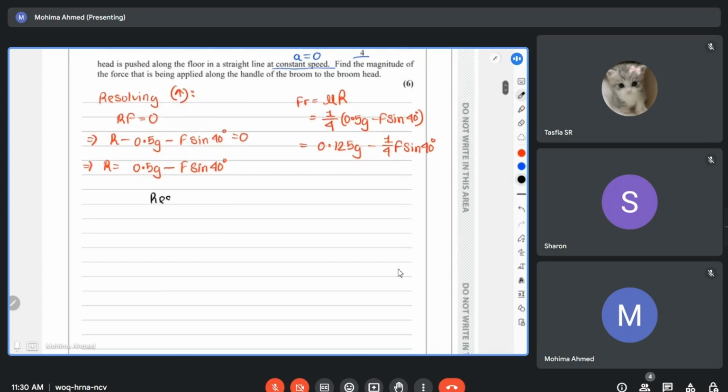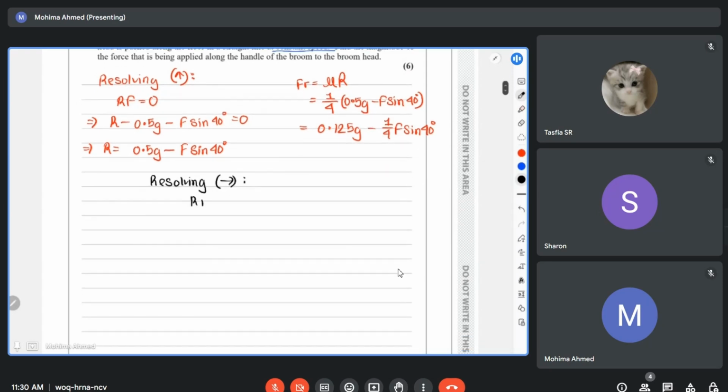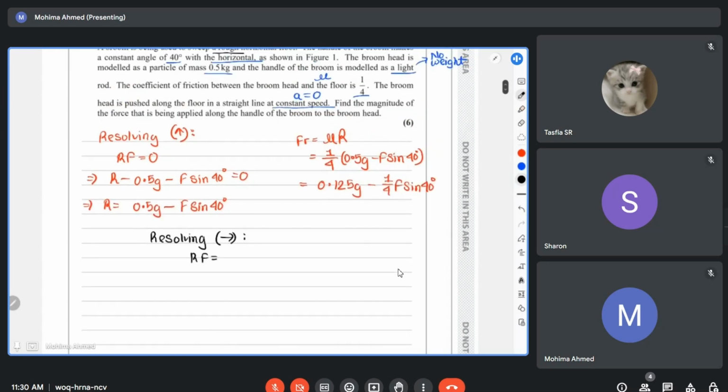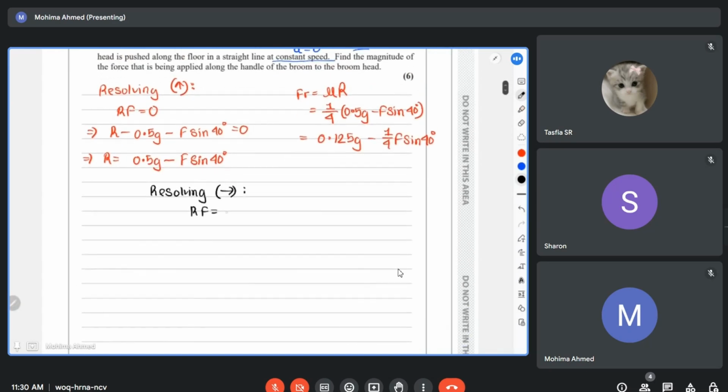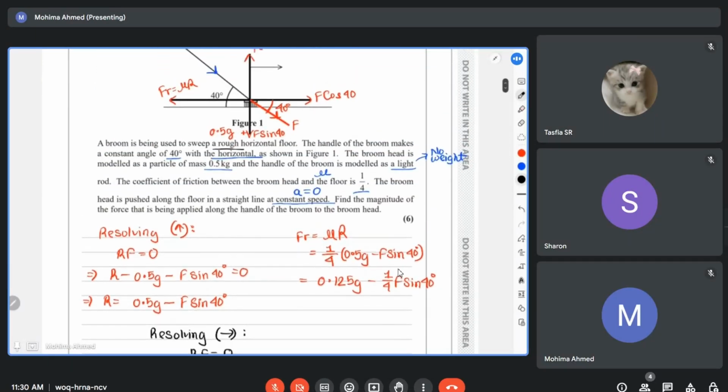Resolving horizontally. Again, in the horizontal plane also, your object was moving with constant speed, so acceleration was zero. In that case, resultant force will be equivalent to zero. Now I'm considering this as positive and this as negative, right? Because obviously F cos theta would make the broom head move in the forward direction, and friction is a resistive force, so it's always negative.